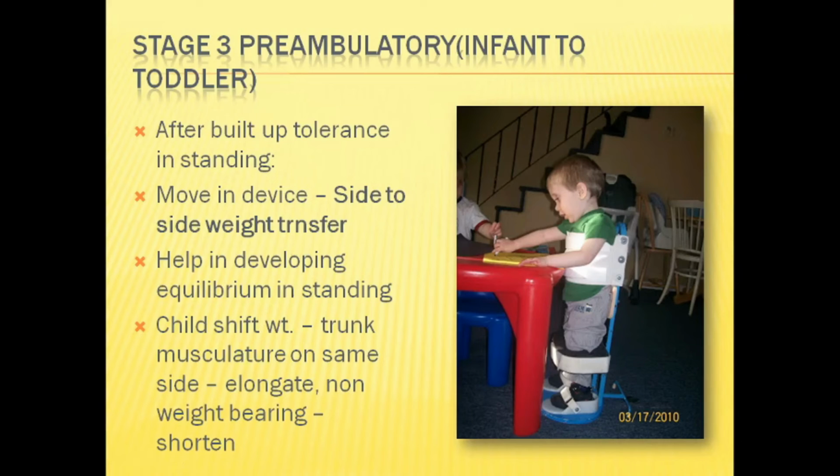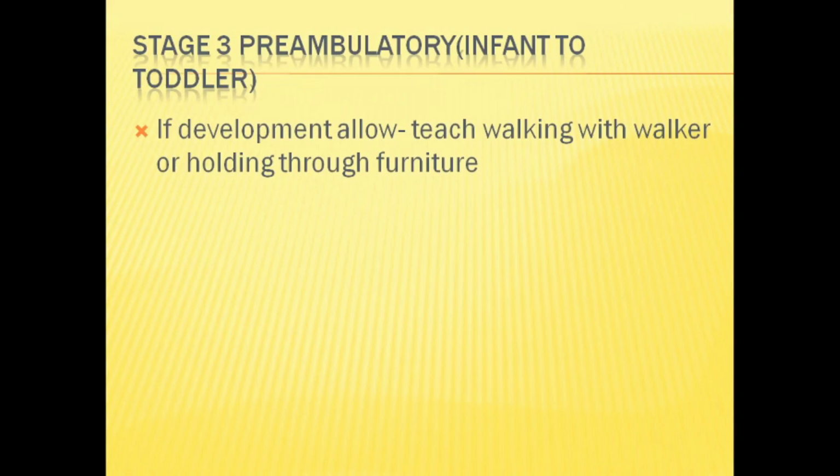You can always achieve side to side weight transfer by lateral reach outs, right? When the child shifts weight, the trunk muscles of the same side will be elongated. Okay, and the opposite side muscles will be shortened, right? Now the child develops balance in standing. So what is next?